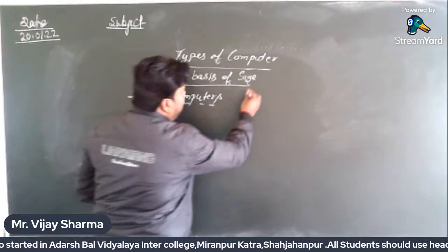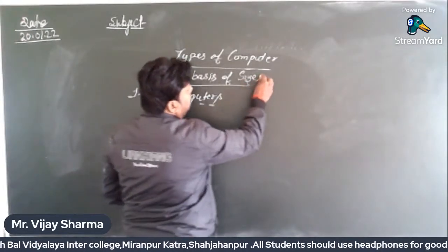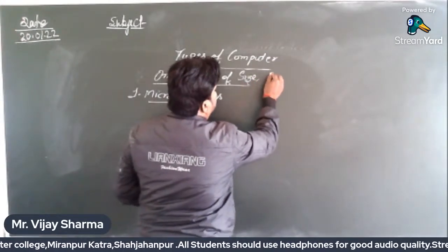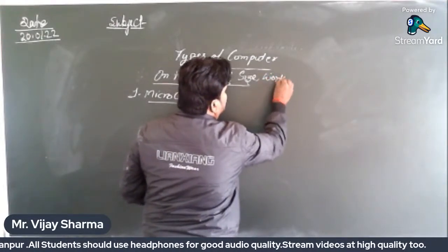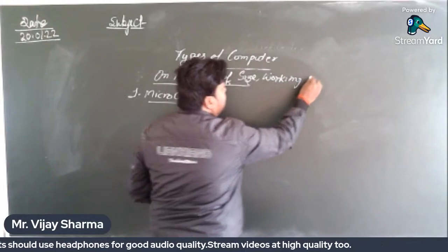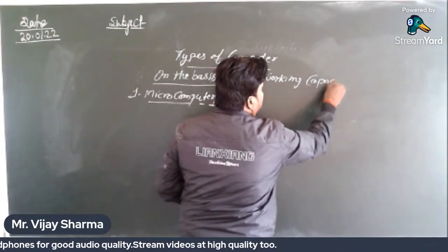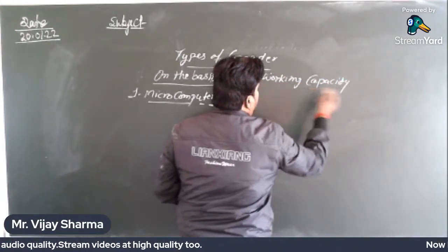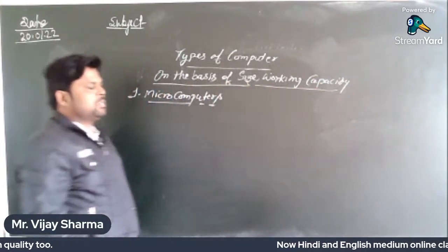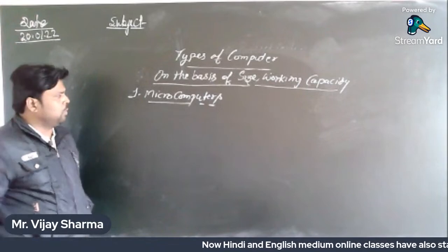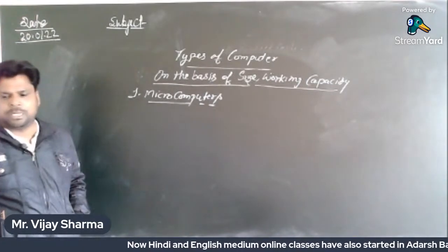And also we can write here size, working capacity, and the expense of the computers. So the first name is microcomputers.